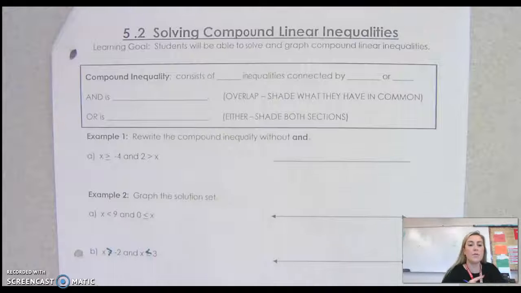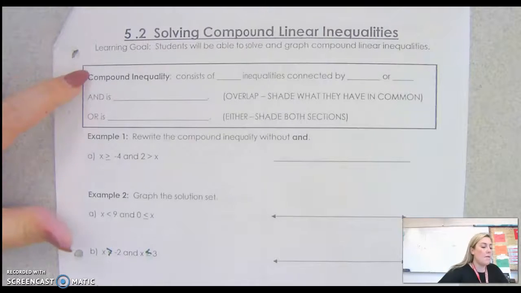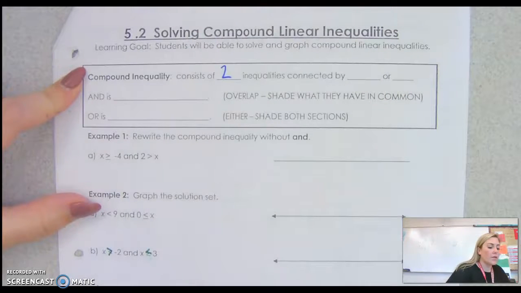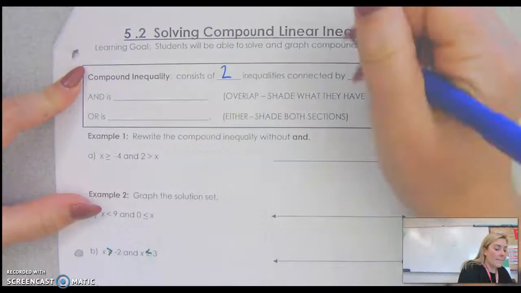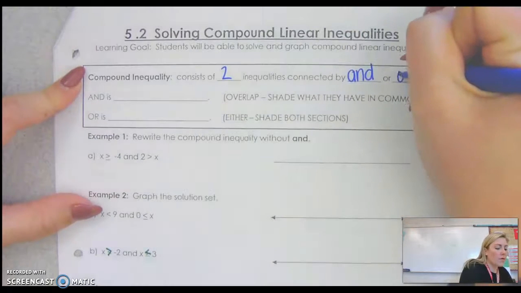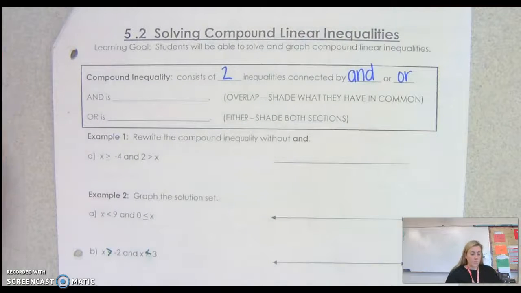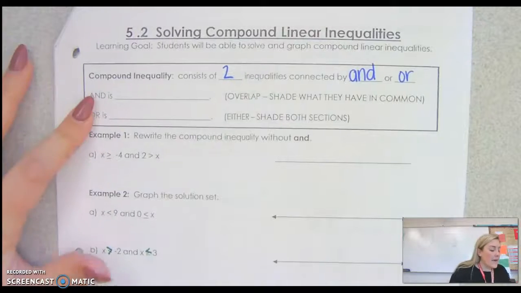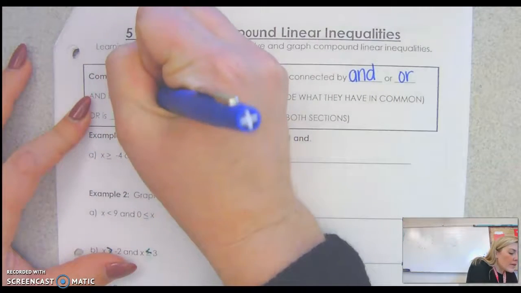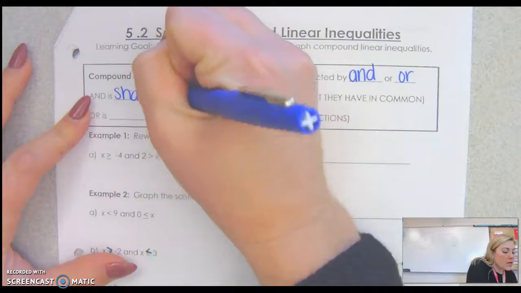Hi guys, so today we're talking about compound inequalities. A compound inequality consists of two inequalities connected by the words and or or. An and is when you shade in the middle.